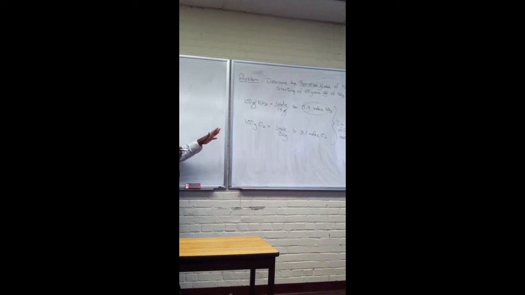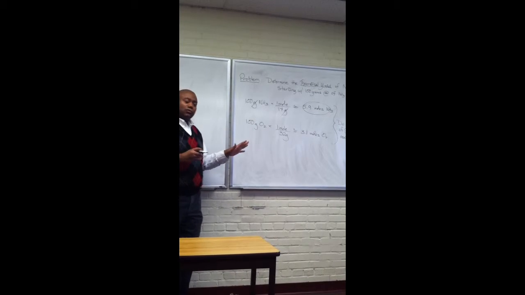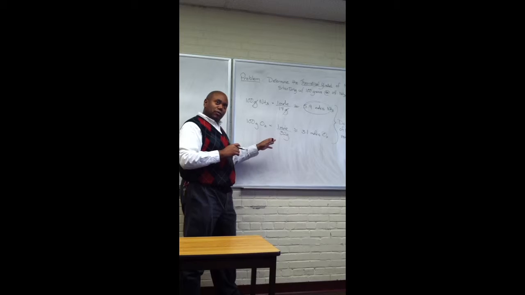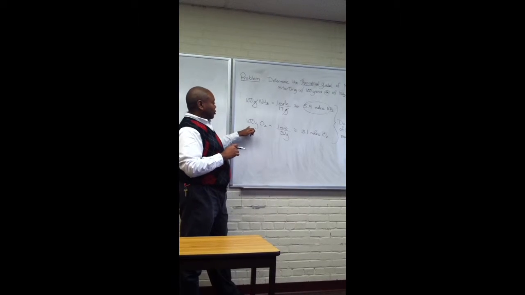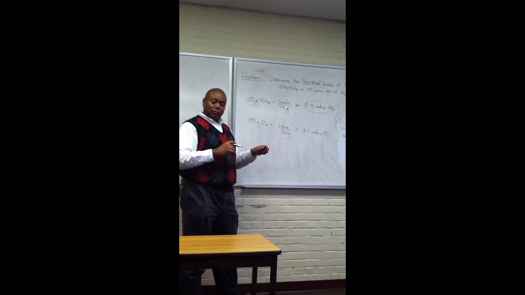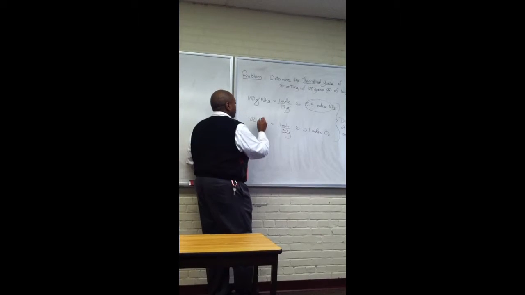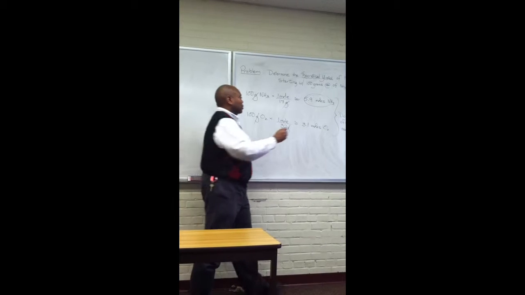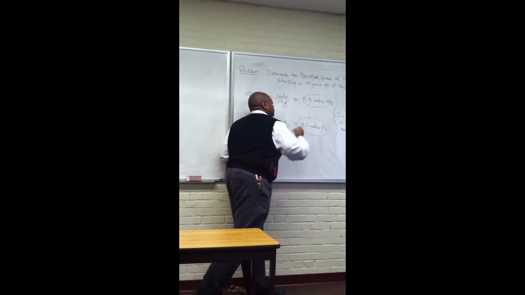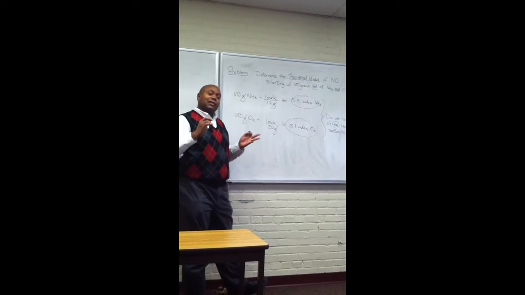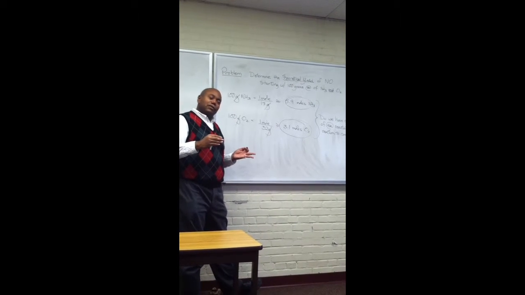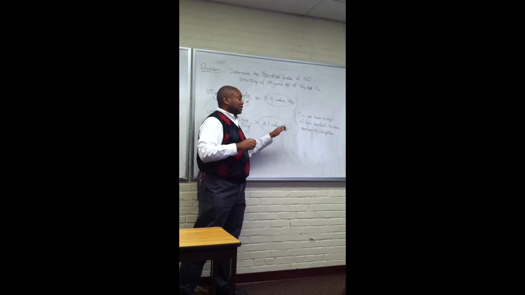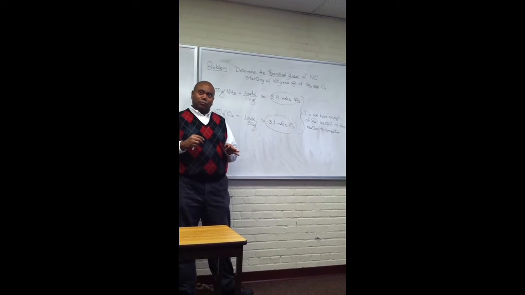Again, refer to your periodic table. You'll see that O2 has a molar mass of 32 grams per mole. Take 100 grams, divide by the molar mass. The grams cancel out, and I come out with the corresponding amount of moles. The next question we have to ask ourselves is, do we have enough of each reactant to take this reaction to completion?